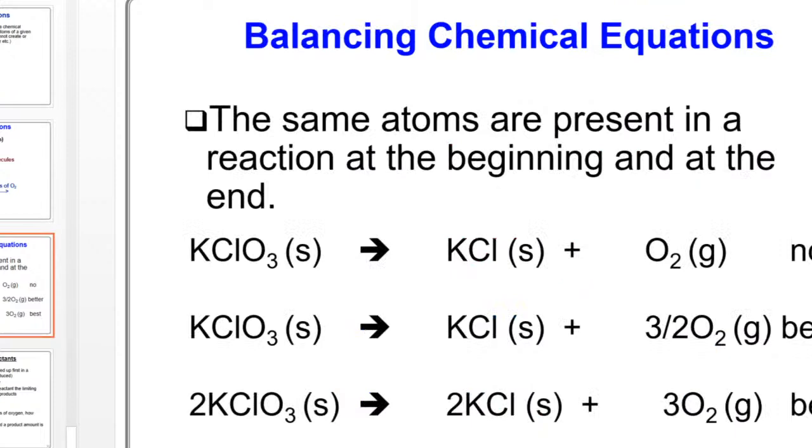We're still trying to understand balancing of chemical equations. When you're balancing chemical equations, you are basically saying the same atoms must be present in a reaction at the beginning and at the end of the reaction.